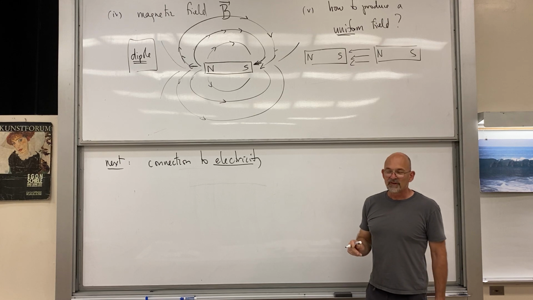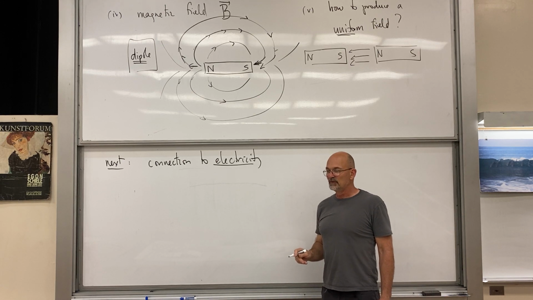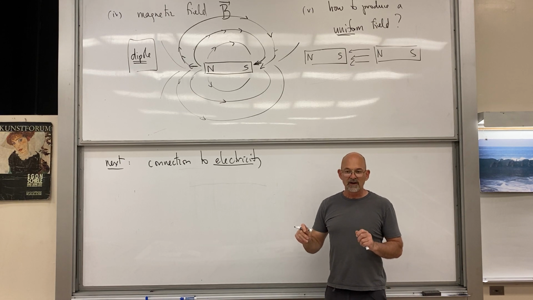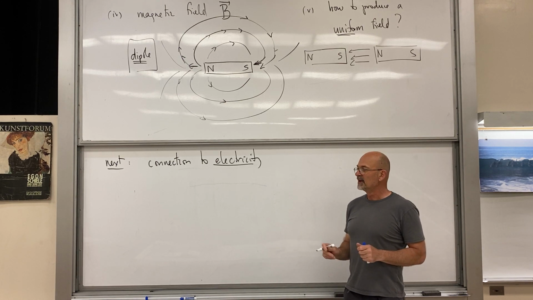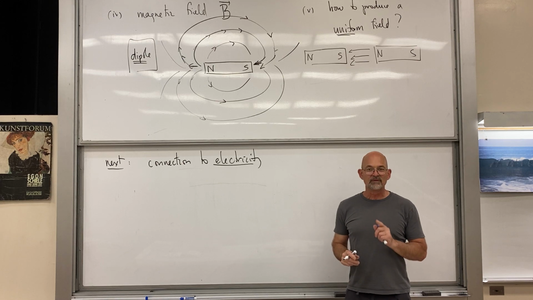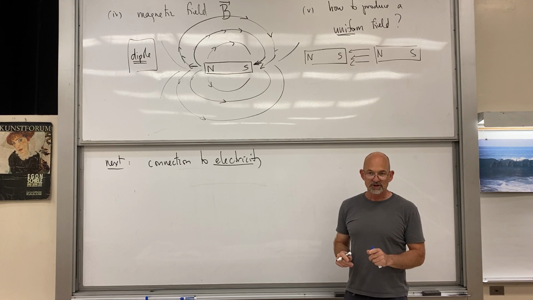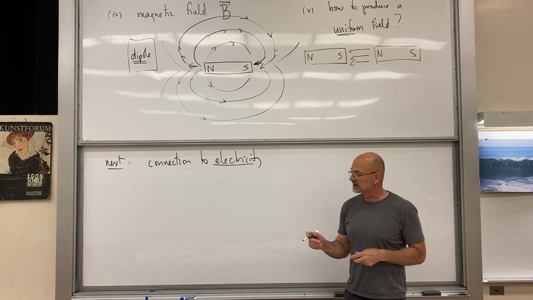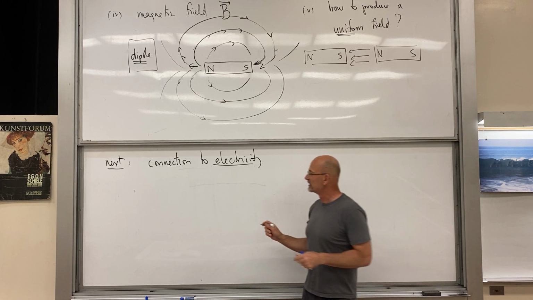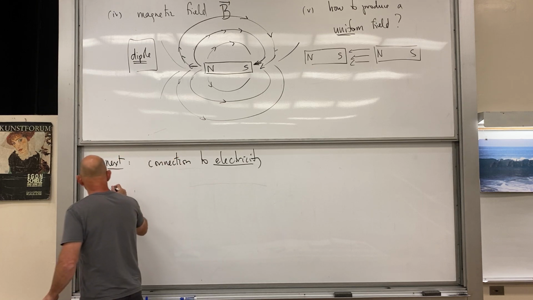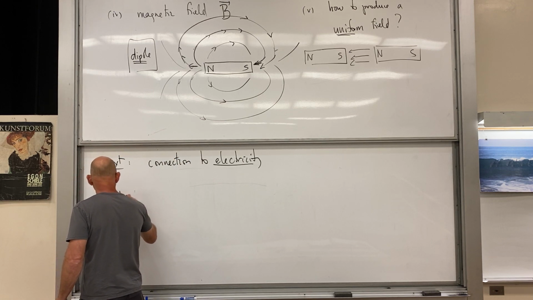The basic phenomenon is that if you put a current carrying wire in a magnetic field, a force will act on it. You'll feel a force, but we're going to discuss that in terms of an electric charge. So a point particle charge, an electric charge in a magnetic field.